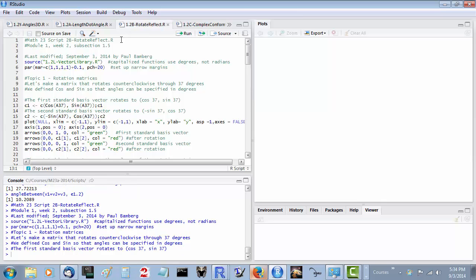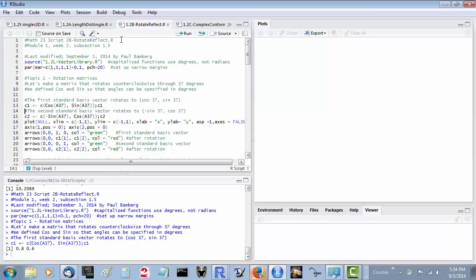So if I want to rotate the first standard basis vector through 37 degrees, I turn it into a vector whose first component is the cosine of A37, that is 4/5, whose second component is the sine, namely 3/5. There's 0.8 and 0.6.